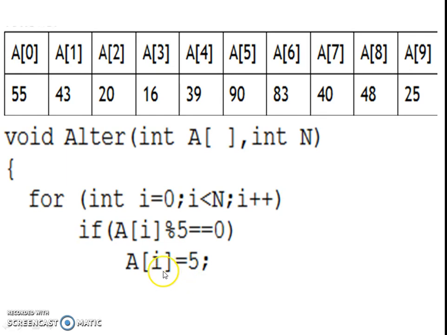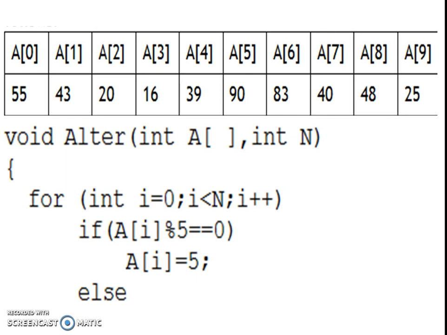Now, our question is, if the element is not a multiple of 5, then the element should store 0 in such cases. So that is why we have to use the else part of if. So we have to write else.